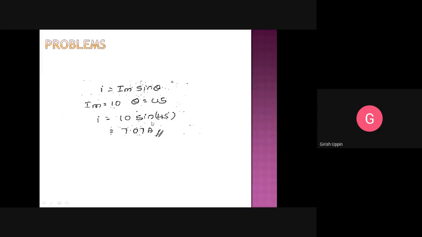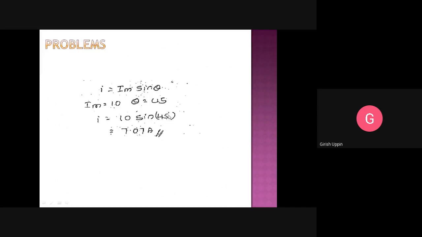So you calculate I is equal to 10 into sine of 45 degrees. You have to make sure whether your calculator is in radians or degrees. If you are using 45, make sure your setting is set to degree. If your setting is radians, make sure you convert this into radians. How to convert this into radians?